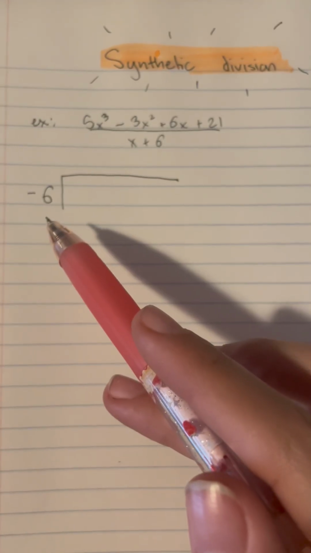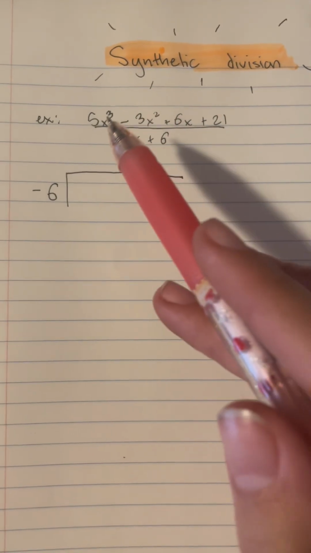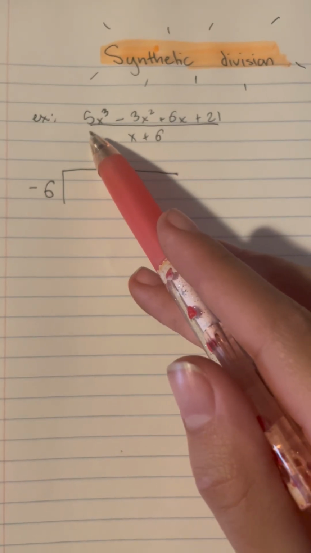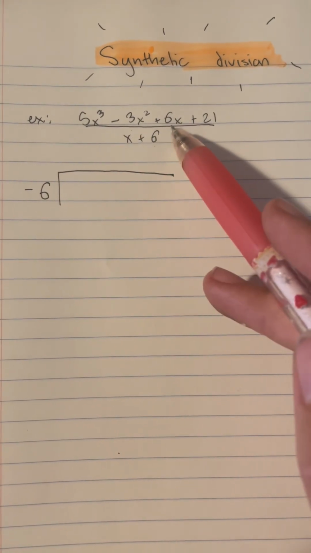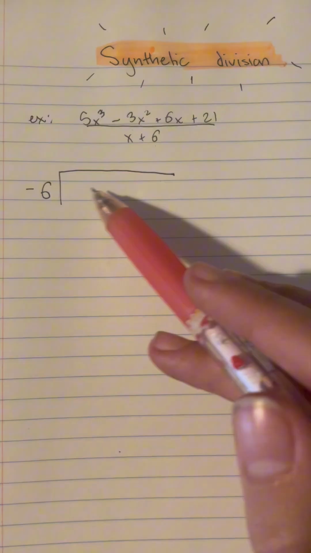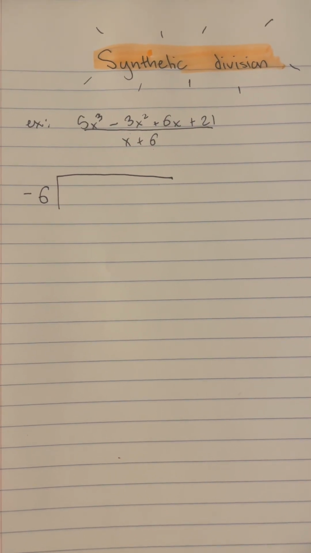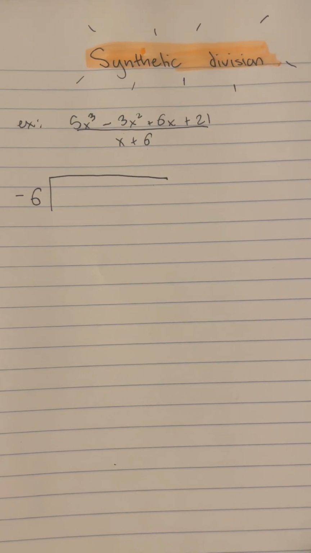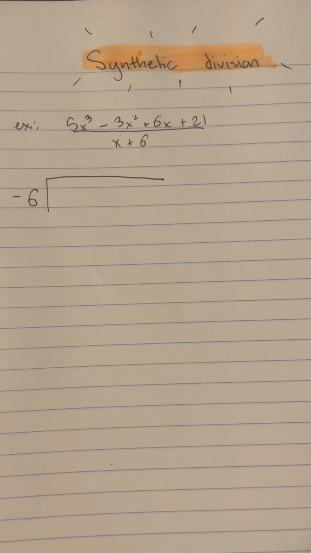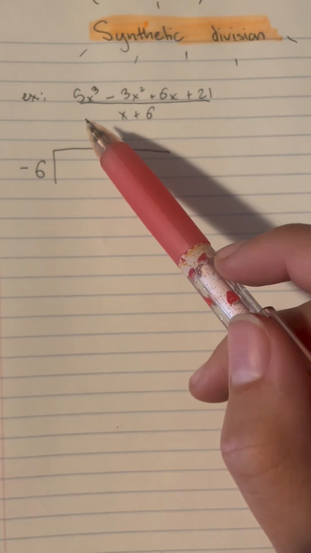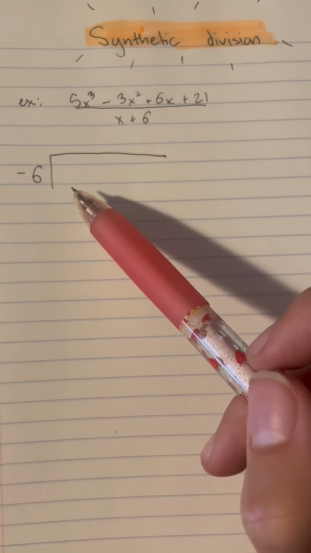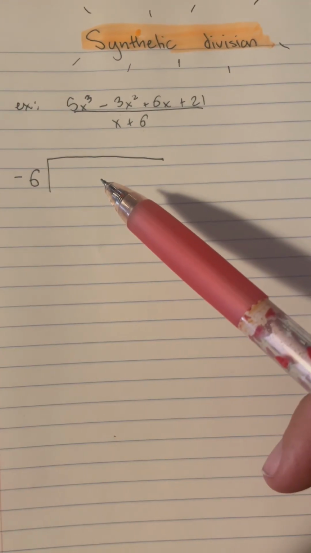Now that we have -6 over here, we want to place all the coefficients of our terms in this box. Only the coefficients. You don't need your x squares. You also want to make sure that you go from the biggest to the smallest. So you would start with your 5 right here, and you want to make sure that you don't skip variables.